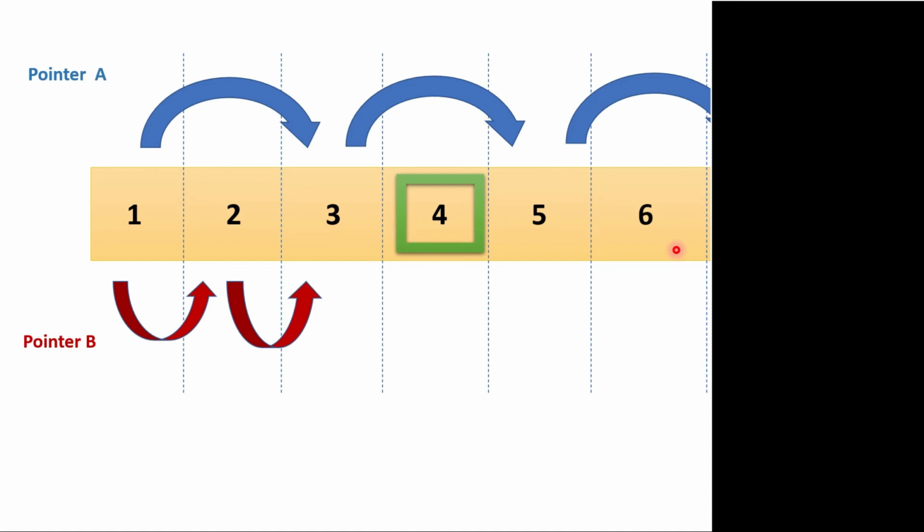The calculation will be almost the same. Pointer A moves from 1 to 3 while B moves from 1 to 2. Then A from 3 to 5 while B from 2 to 3. And A from 5 to 6, then null. When A reaches null, wherever pointer B is pointing will be my result. So in this case, for an even number of nodes, 3 will be my result.